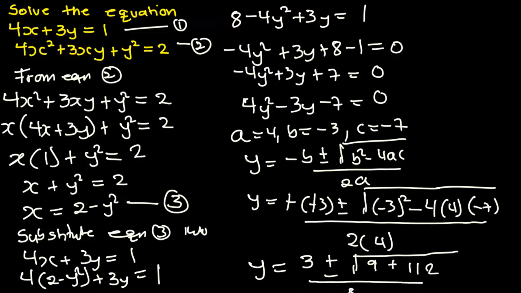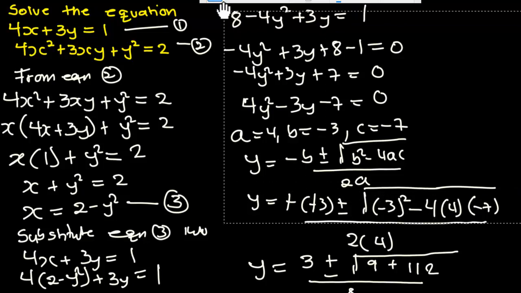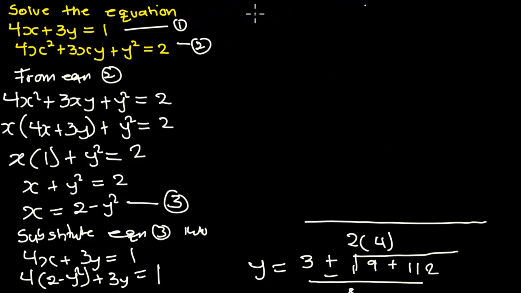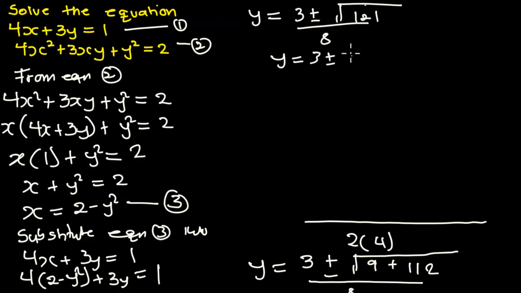So y is equal to 3 plus or minus the square root of 9 plus 112, which gives 121, all over 8. So y is equal to 3 plus or minus the square root of 121, which is 11, all over 8.